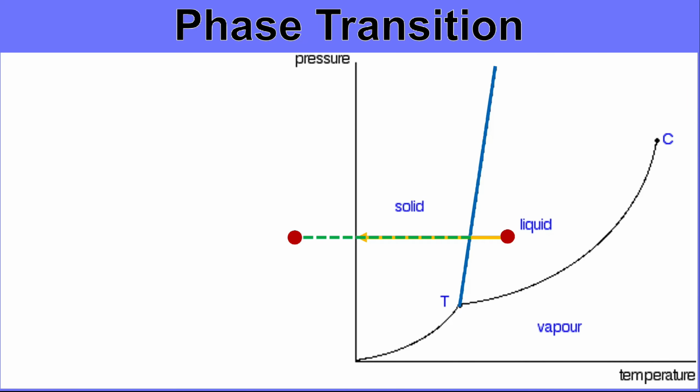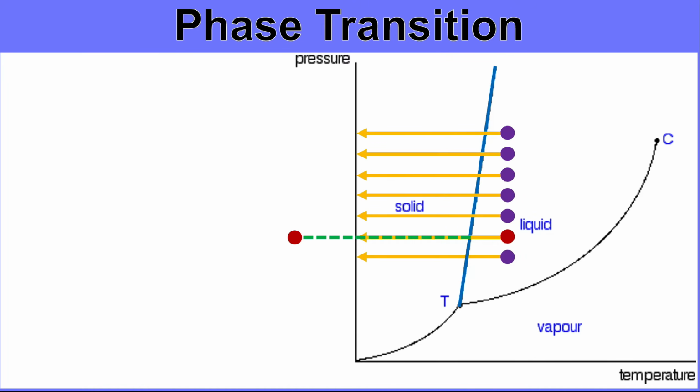To make it easier to visualize, let's say you have a lot of substances. Okay? If you have a lot of substances at constant temperature and various pressure, and you align it to the solid liquid equilibrium line, you will see that you have freezing points different from the original. Okay, so from this one with the green line.